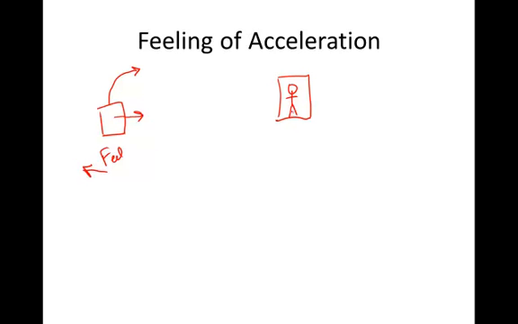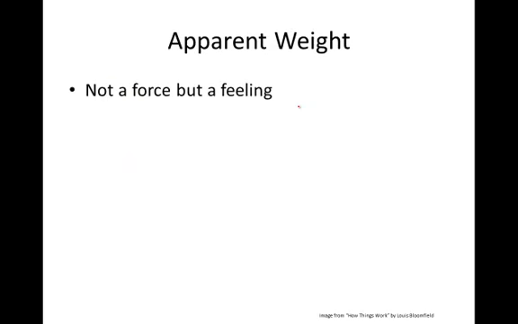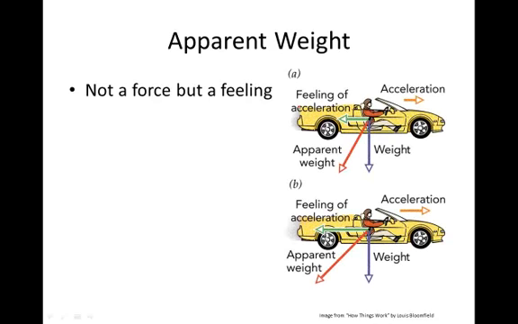But what you know is that you have to be accelerating downward, so there has to be a net force down. Most any situation where you actually feel a force with your body, you'll find that what you're feeling is actually opposite the direction of the actual force. We call this the apparent weight. It's not actually a force, but it's just what our body is feeling.